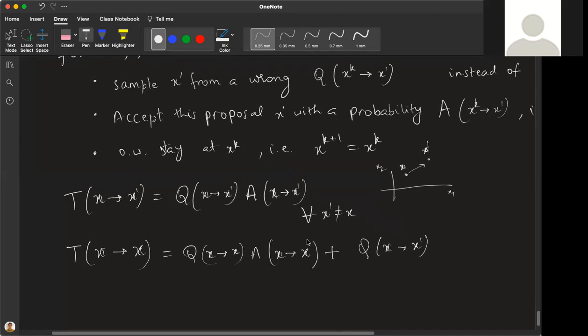Now A is a binary probability because it's either accept or reject. So times 1 minus A of x to x dash. Right? Basically, the probability that it's rejected. And this x dash could be anything, right? So you have to sum over all x dash, which are essentially not equal to x.